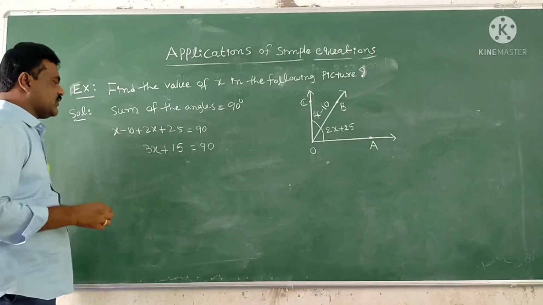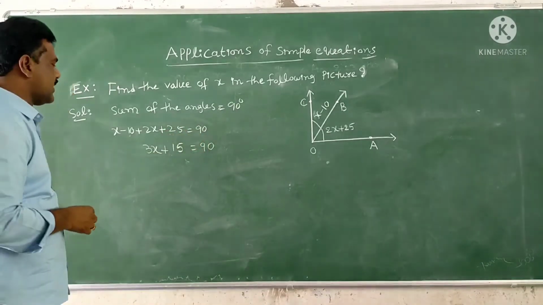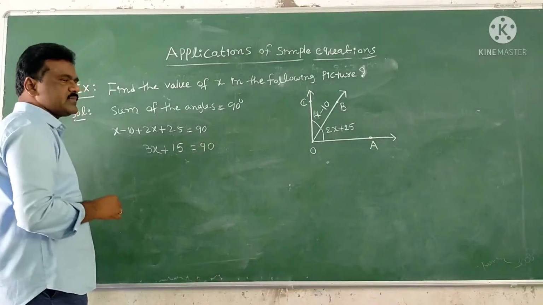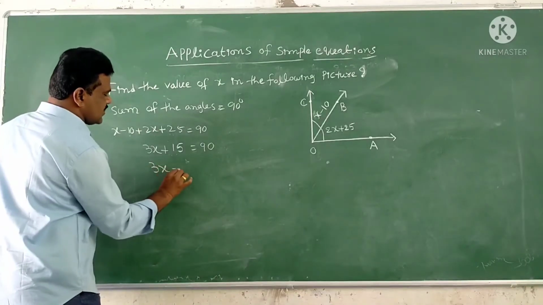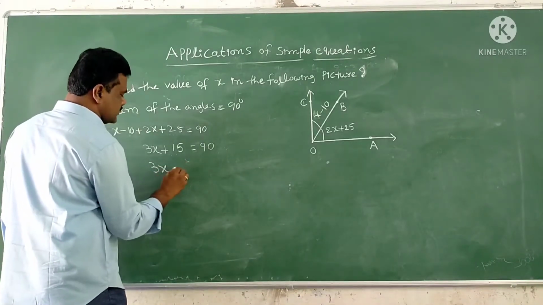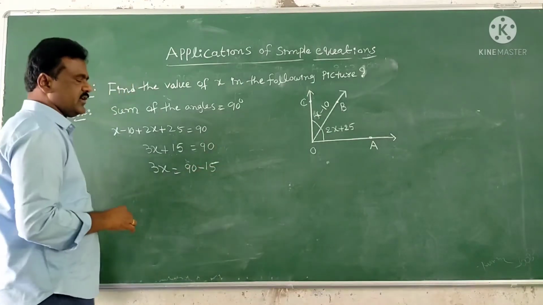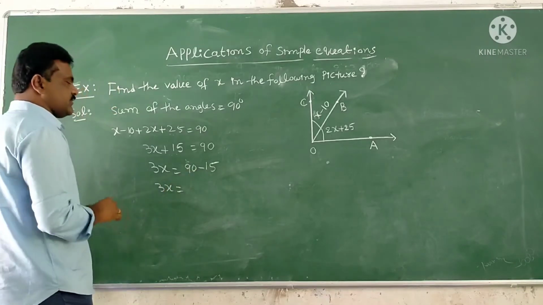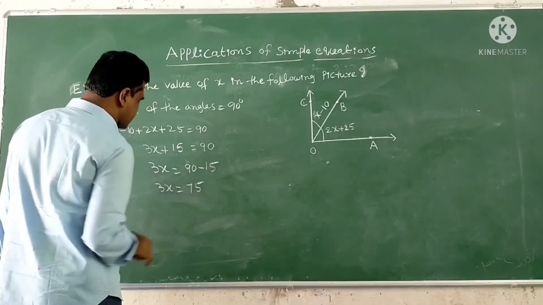Now transposing 15 from LHS to RHS, it becomes minus 15. So 3x is equal to 90 minus 15. What is 90 minus 15? Yes, 90 minus 15 is 75.